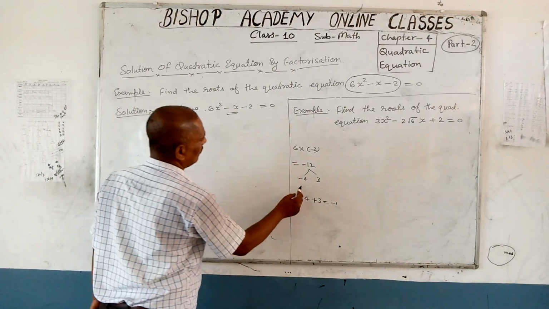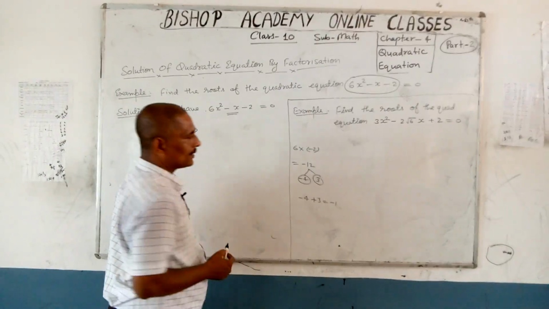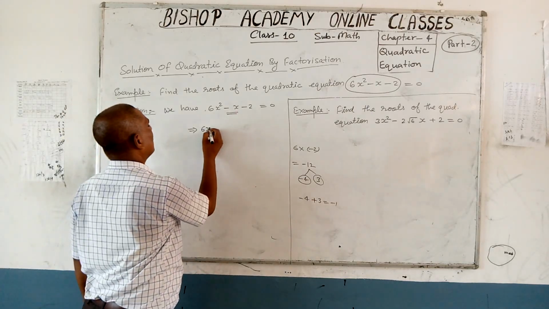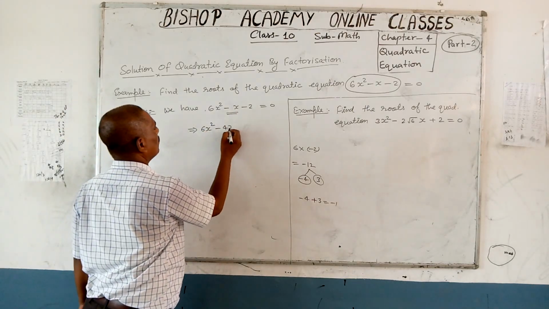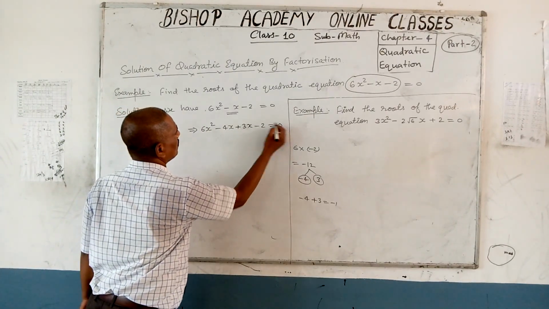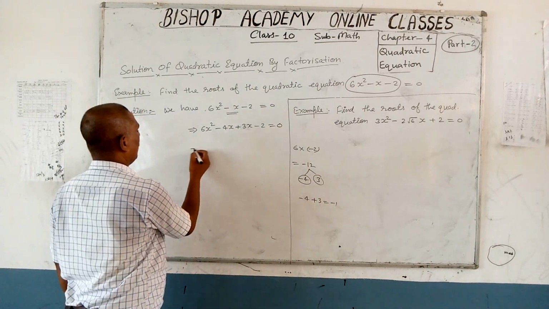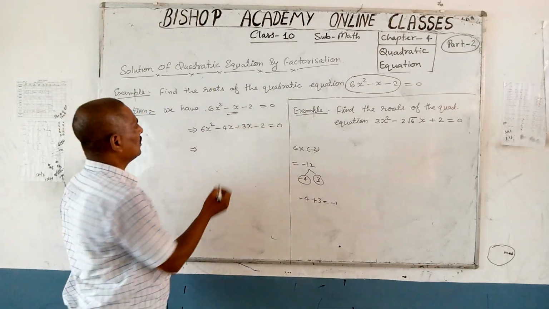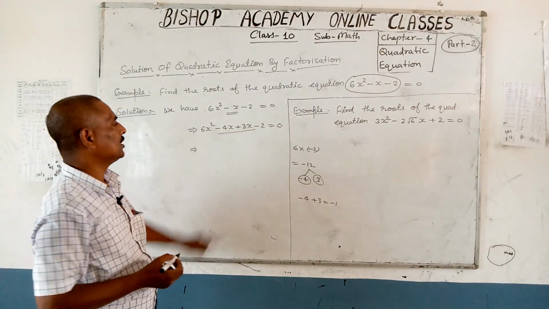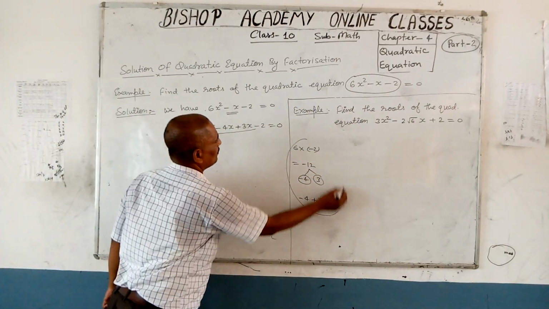So with the help of these two factors, you can split the middle term: 6x square minus 4x plus 3x minus 2 is equal to 0. You split the middle term and got minus 4x plus 3x with the help of this process.